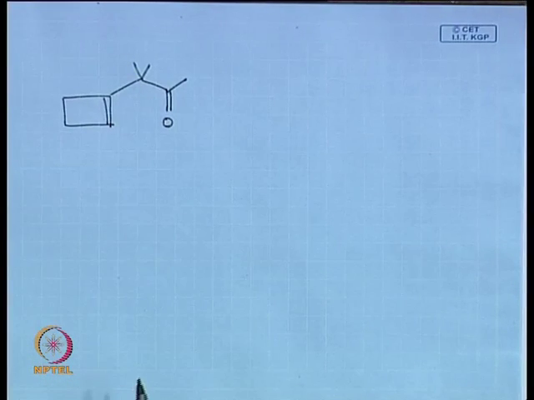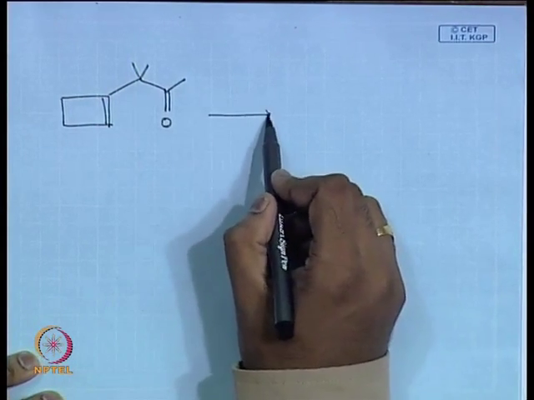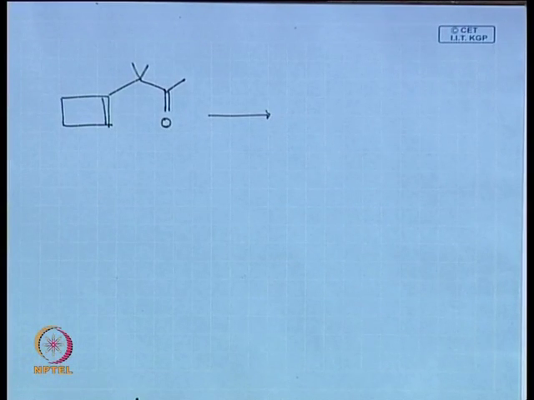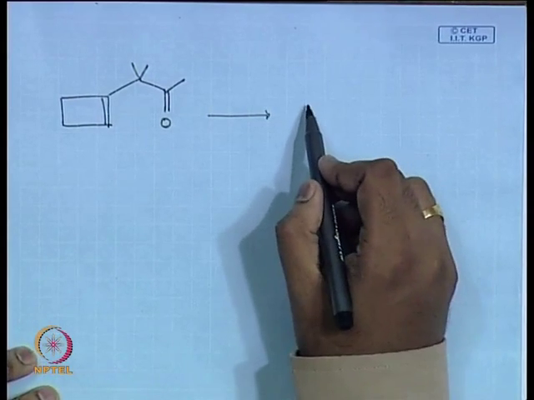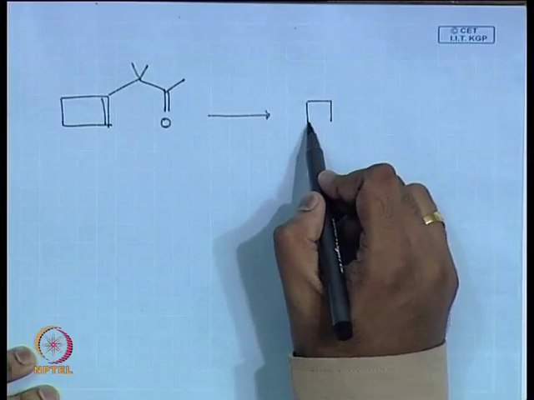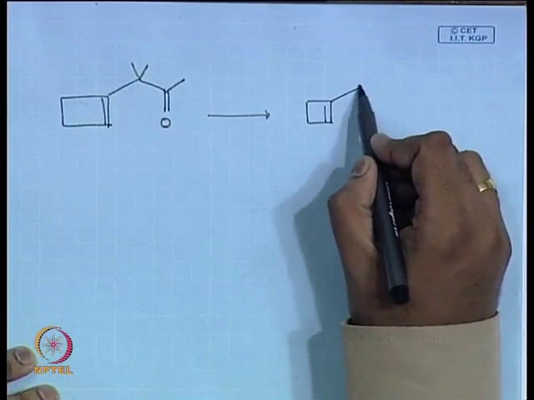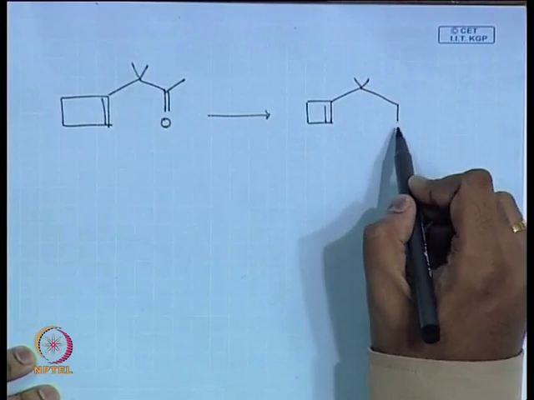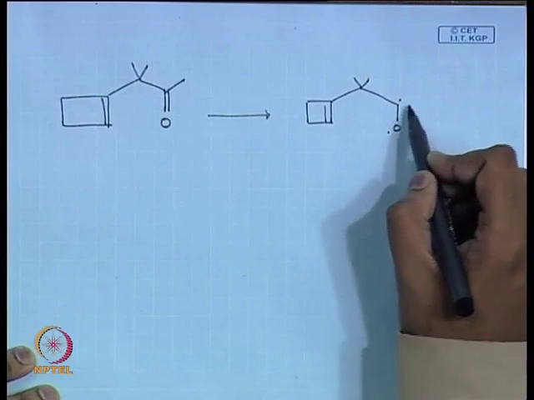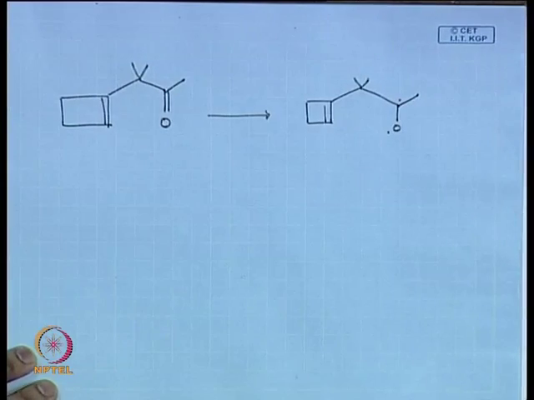The cyclobutane system with your ketone. So, what product can you think of? I can get my excitation here to form a radical.